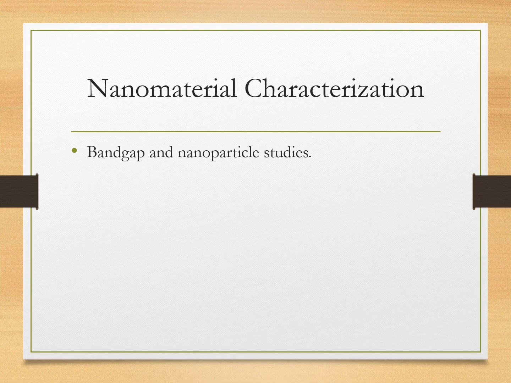UV visible spectroscopy can also be used to characterize nanomaterials. It determines band gap, plasmonic resonance and nanoparticle formation through absorbance peaks.